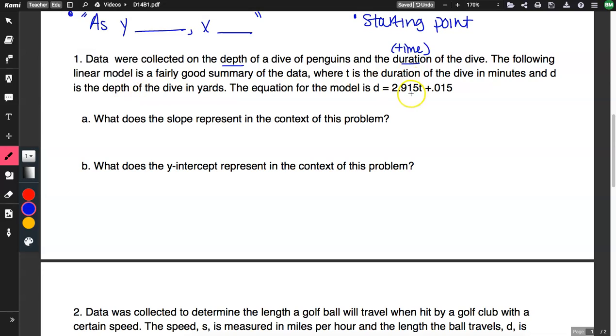Okay, so t is the duration, d is the depth. Looking at this, duration seems to be in the x position, which is our independent variable, and the depth is in the y position, which is our dependent variable.